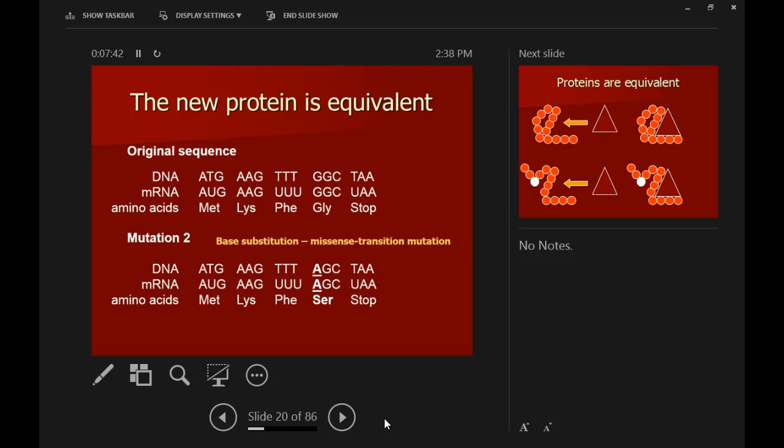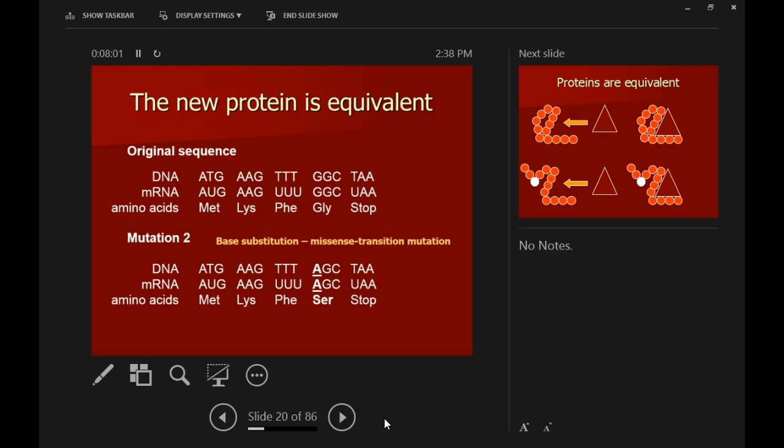So transition, purine to purine, would be, in this case, G to A. If, for example, we had a G here and it went to a C, that would be what we call a transversion.